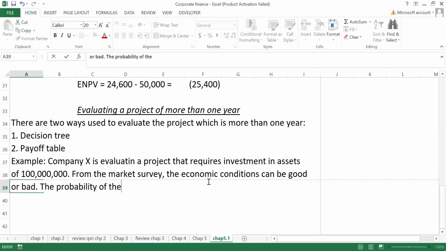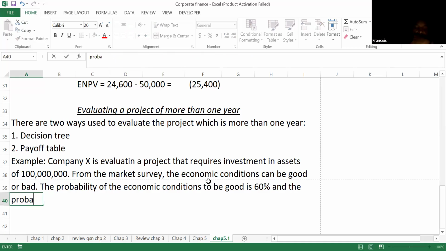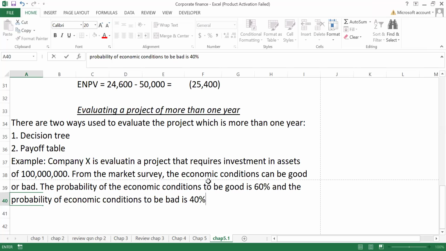The probability of the economic conditions. Yes, BBG.